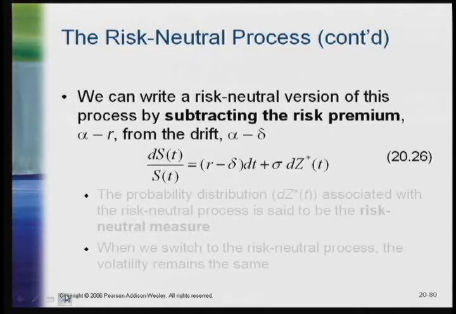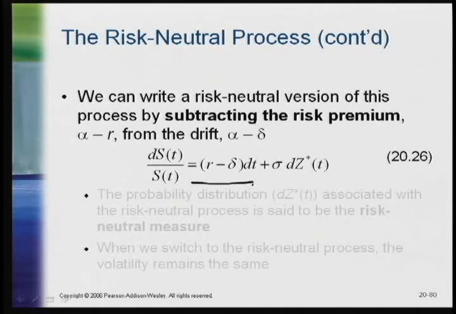So the risk-neutral version of this process is obtained by subtracting the risk premium from the drift. So I have a drift which gives me the risky capital gain and loss. And by removing the risk premium, I end up with the risk neutral. And you'll note that this is in fact the drift term that we used in our earlier binomial lattices, where we assumed over the period of h we had a drift of r minus delta times h, and then we had a volatility term of plus or minus sigma square root of h.